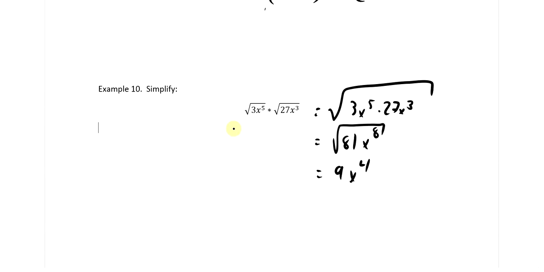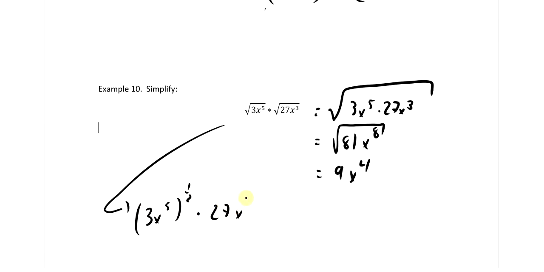We can also think of this in a slightly different way. That's 3x to the 5th to the 1/2 times 27x cubed to the 1/2. Because these are the same power, we can combine them in one big fraction, and we get 81x to the 8th.